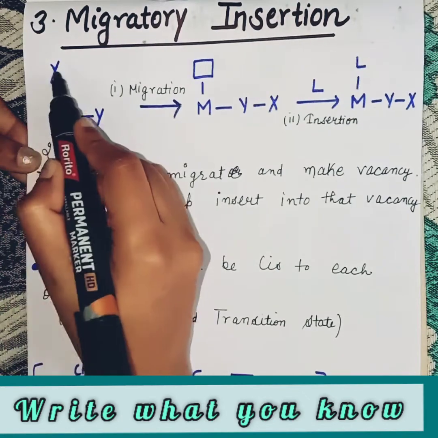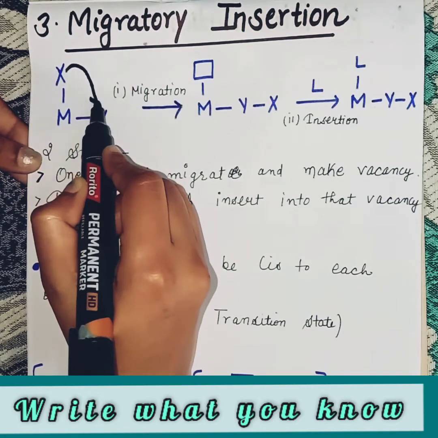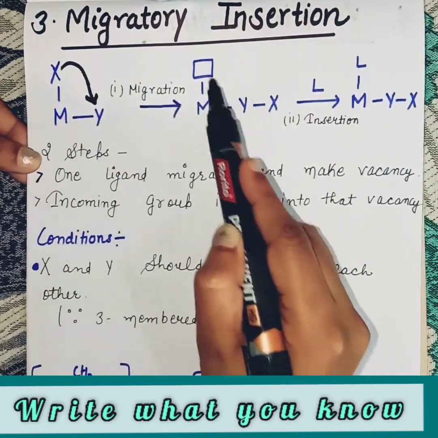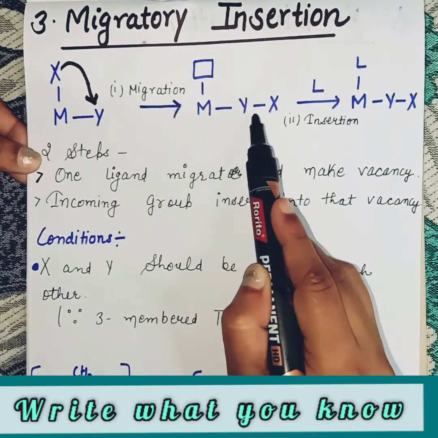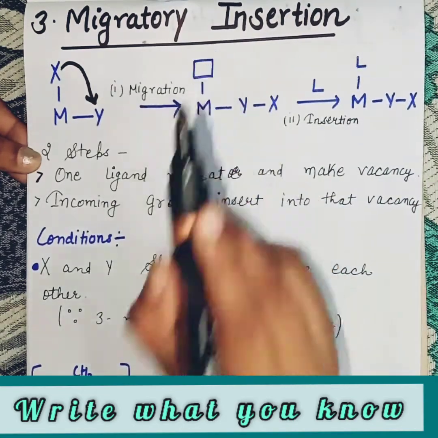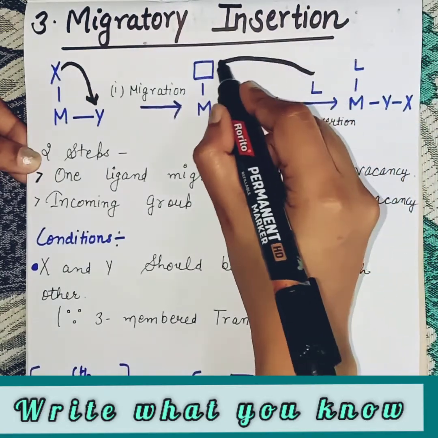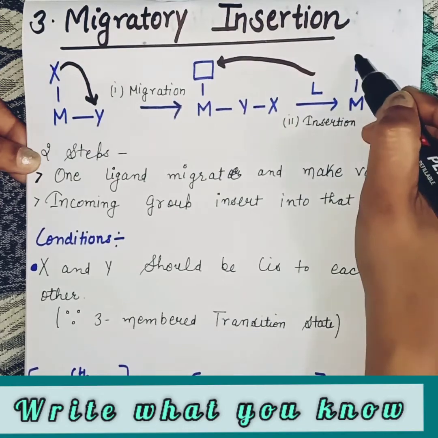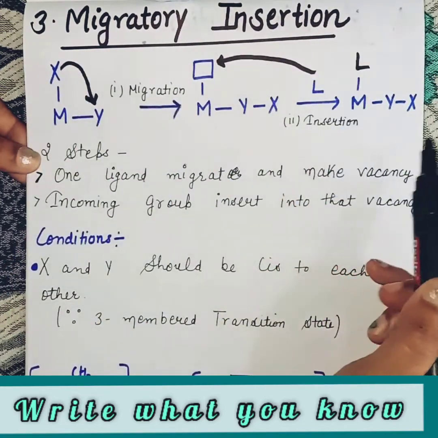First of all, this X migrates to this position and gets attached to Y. So here a vacancy is created. Then a new group L is inserted into this position, in the position of X. So this is the migratory insertion reaction.